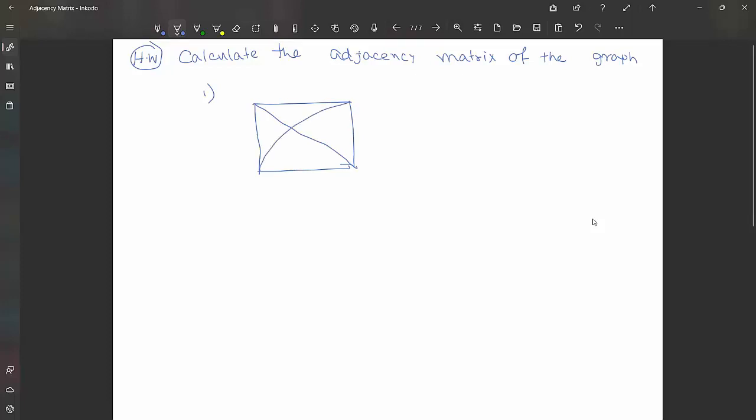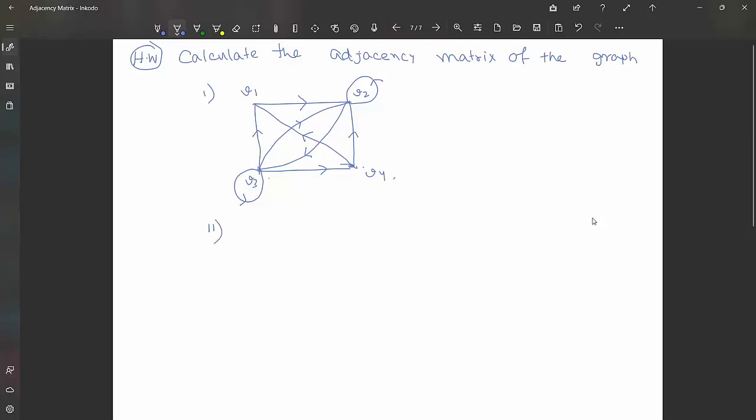For that, take one or two edges here, and we are drawing one self loop here and one self loop here. Now I'm giving the direction. Here is the direction. There is another direction. These directions are opposite, so these are not self loops, they are not parallel edges. And here also the direction is this, and here the direction is this one. So this is V1, this is V2, this is V3, and this is V4. So calculate the adjacency matrix for this directed graph.